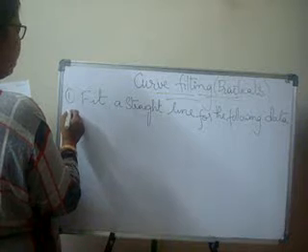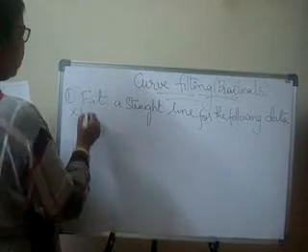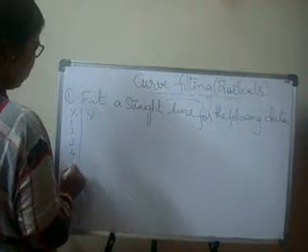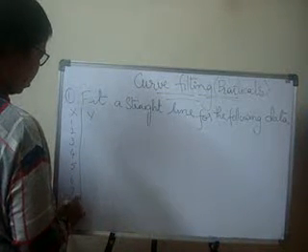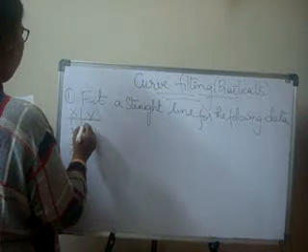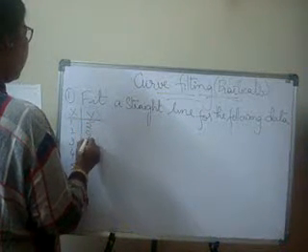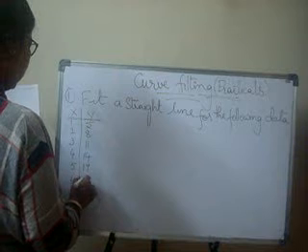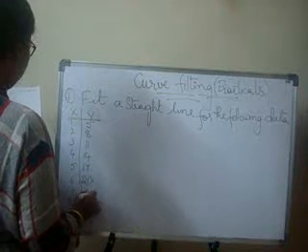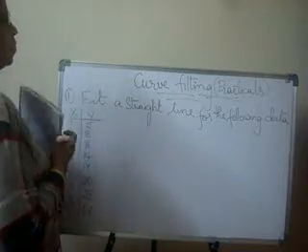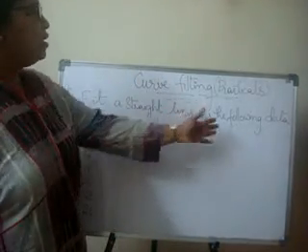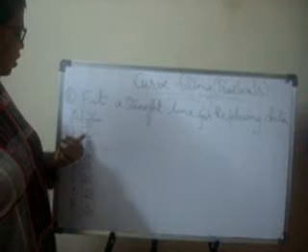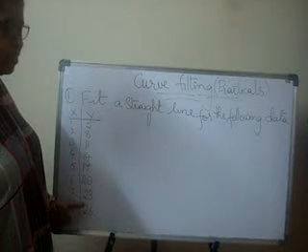The question is: fit a straight line for the following data, and the data given is x equals 1, 2, 3, 4, 5, 6, 7, 8 and y equals 5, 8, 11, 14, 17, 20, 23 and 26.